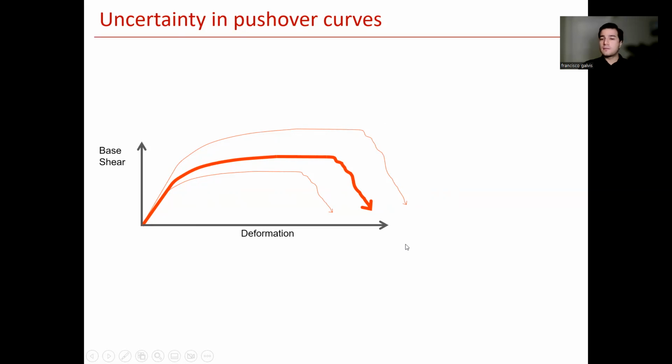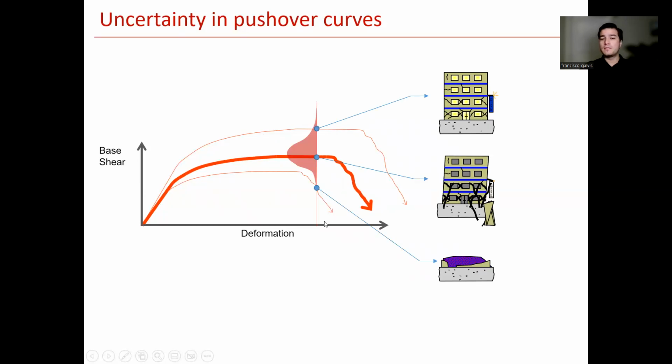And in practical terms, what that is saying is that if you target a deformation level, for example a drift limit based on the building code, you can have multiple performances depending on the exact parameters of the real building, right?